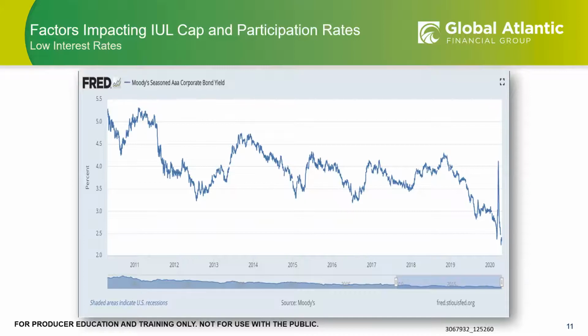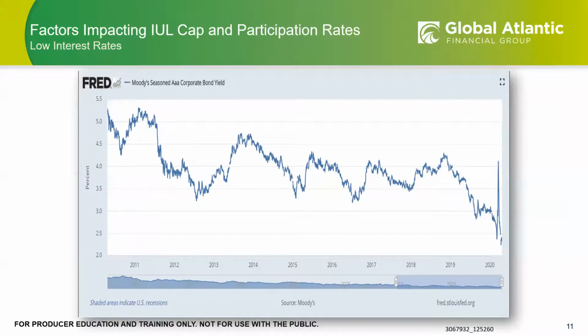Looking at those interest rates matters because we, as insurance companies, have to invest in high quality fixed income. The majority of our assets sit in high quality fixed income. So a big part of how we provide for guarantees is based on what we can get as a return on our assets.